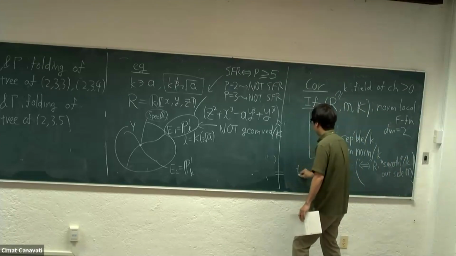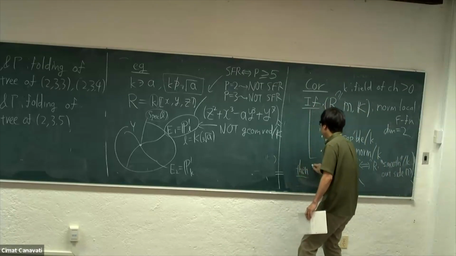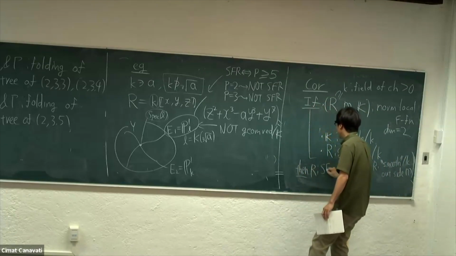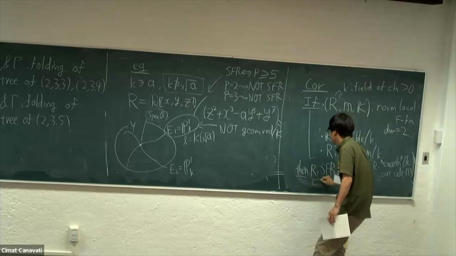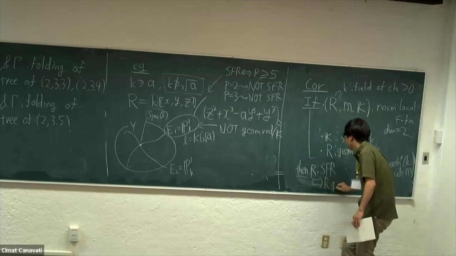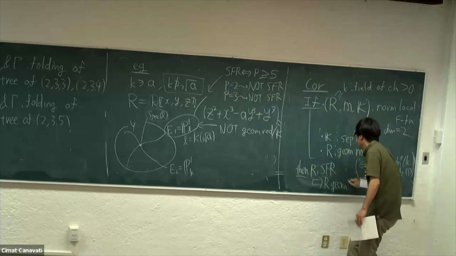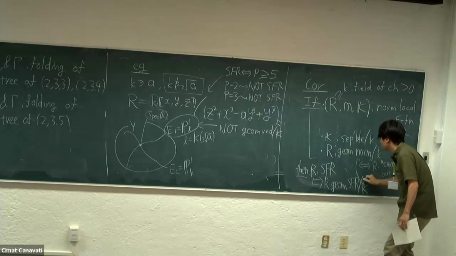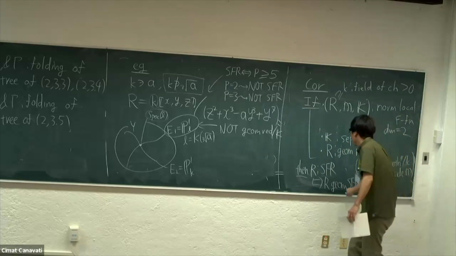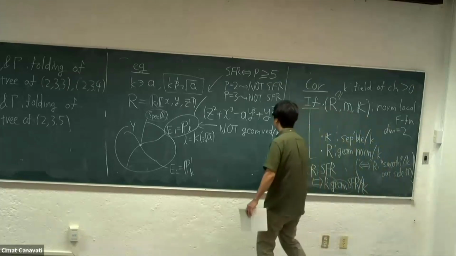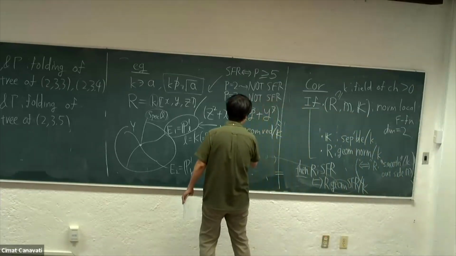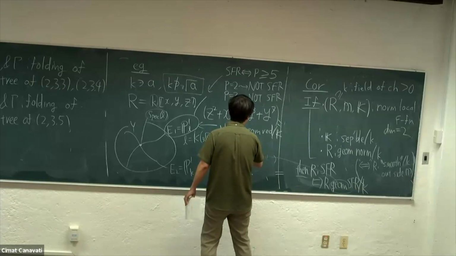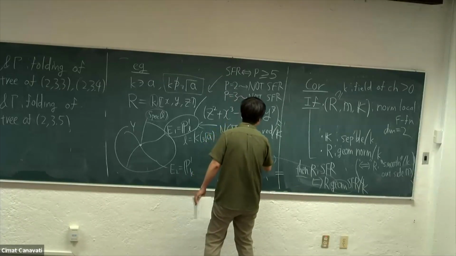But in this case, if R is strongly regular, then it is geometrically strongly regular over the base. Here, geometrically roughly means that the base change to an algebraically closed field is strongly regular.